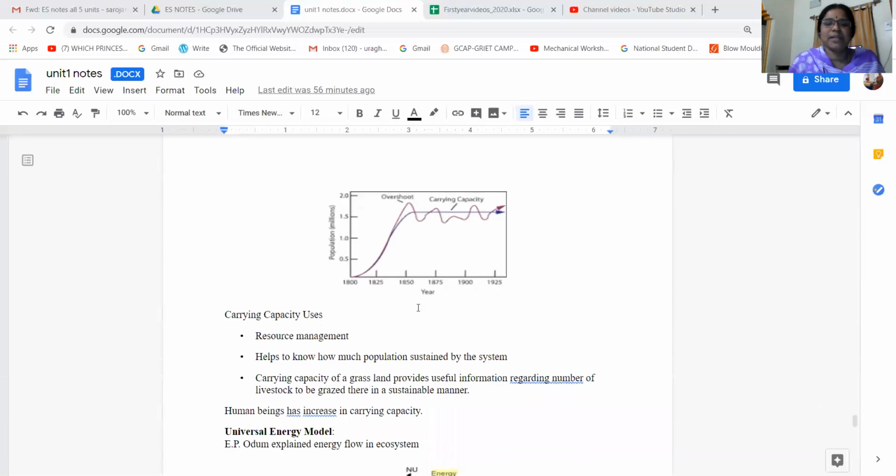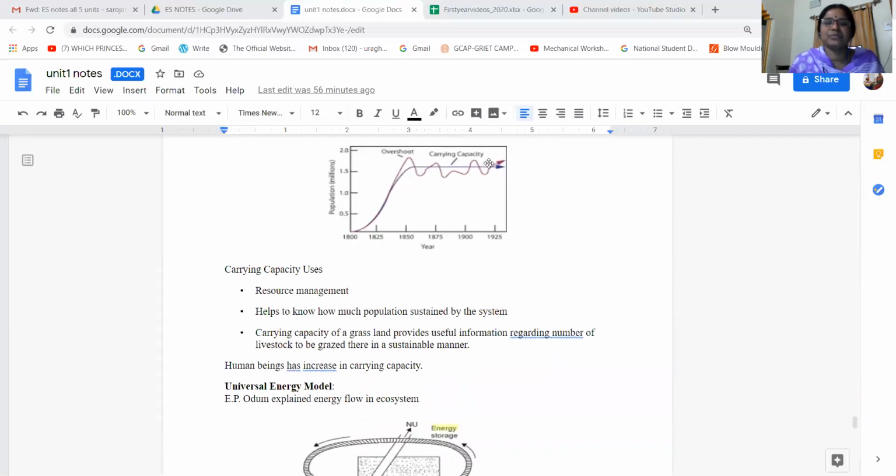This can be explained with the help of the graph. By looking at this graph, we can understand how the process goes. Initially, it rises and afterwards it is sustained and remains the same.